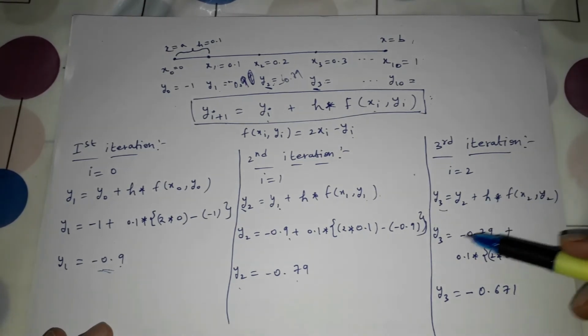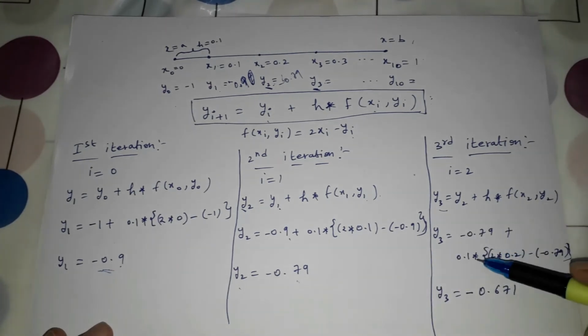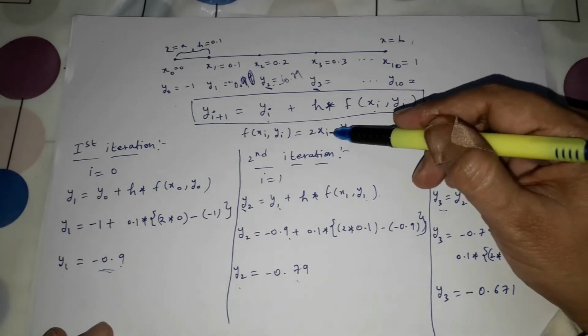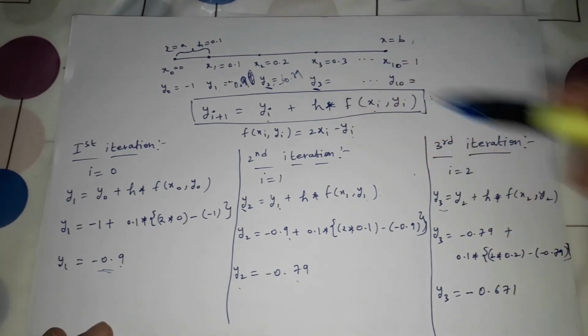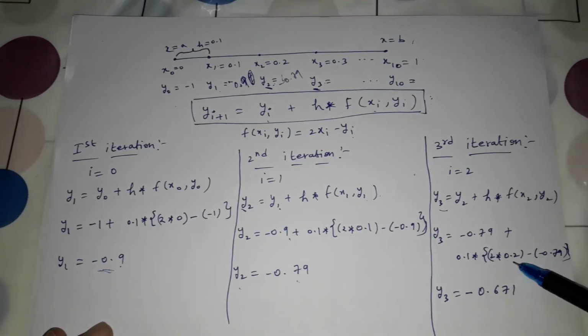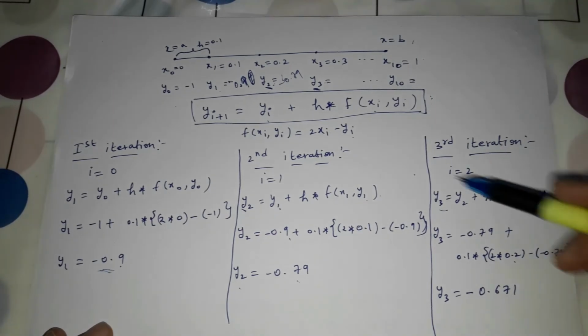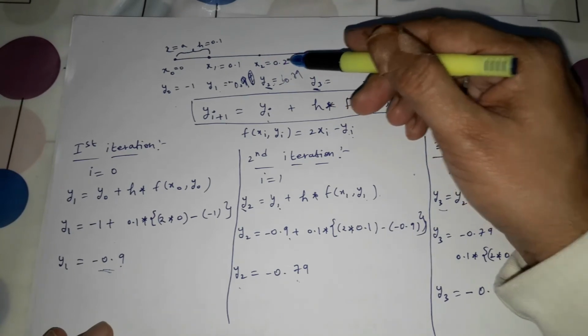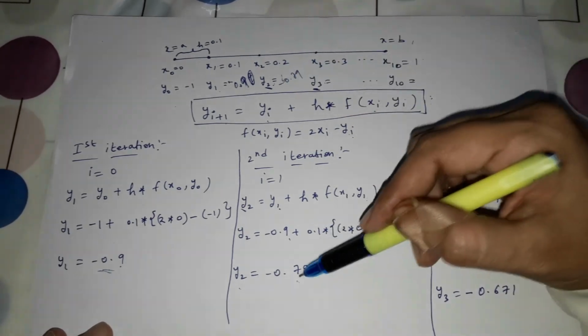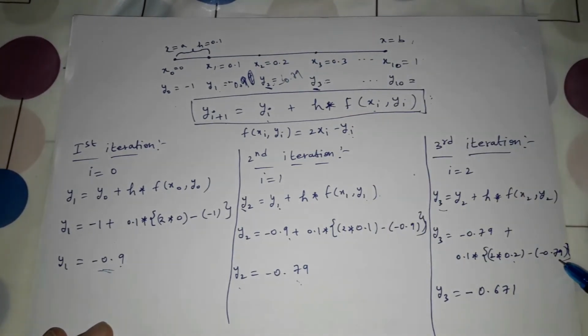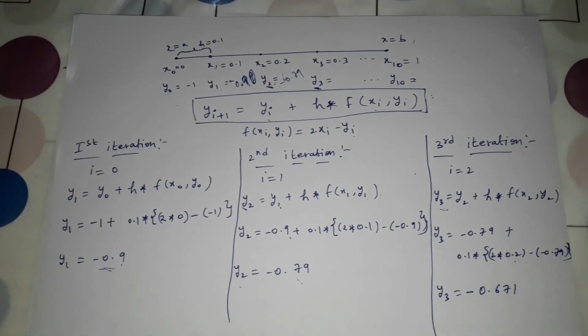So y2 is minus 0.79 plus h is 0.1 times f of x2 comma y2. So x2 is 0.2, so 2 times 0.2 minus of minus 0.79. So when you calculate, you will get y3 as minus 0.671.